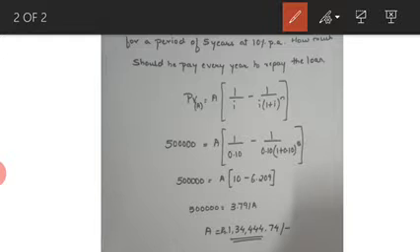Then 1 upon I, 0.10, minus 1 upon 0.10 into (1 plus 0.10) raised to 5, as usual. So 1 divided by 0.10 is 10, minus the entire calculation of this, which gives 6.209. So 10 minus 6.209 is 3.791, into A. So 5 lakh is equal to 3.791 A.